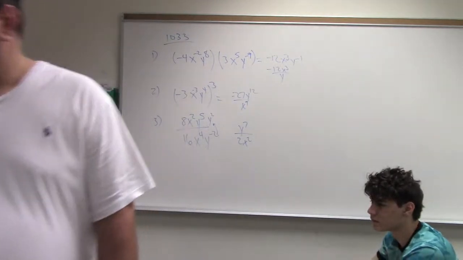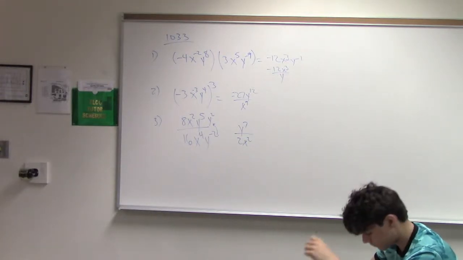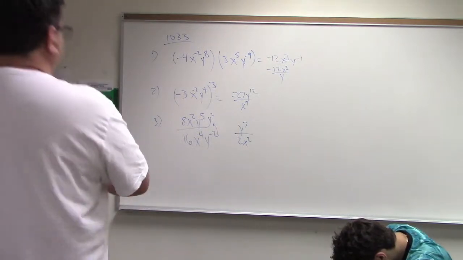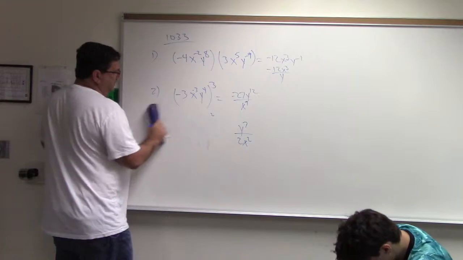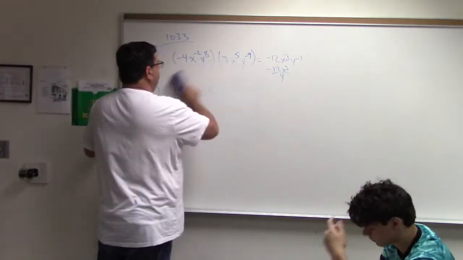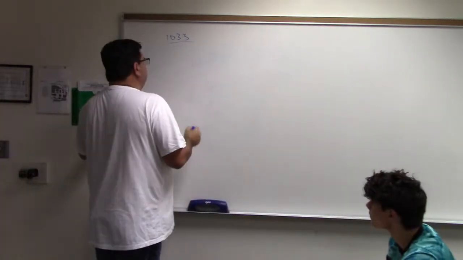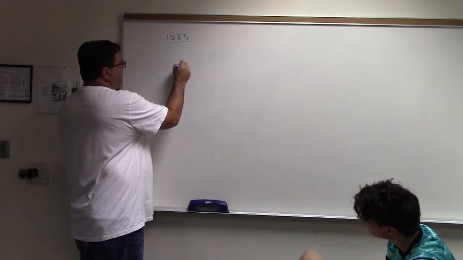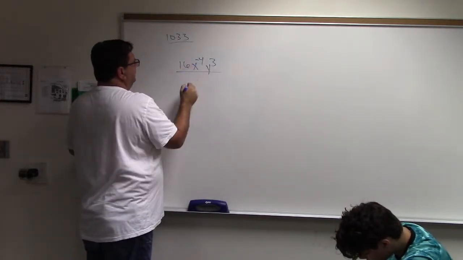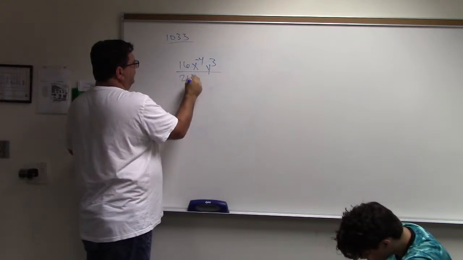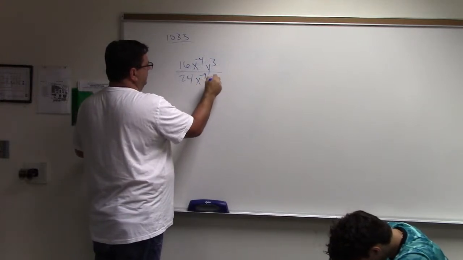You good? Yeah. All right, so here's what we're going to do. We're going to erase this. I'm going to give you another one of these to try, and then we'll do some factoring, okay? Then answer that one. Let's go: 16 x to the negative 4 y to the third over 24 x to the negative 9 y to the negative 6.